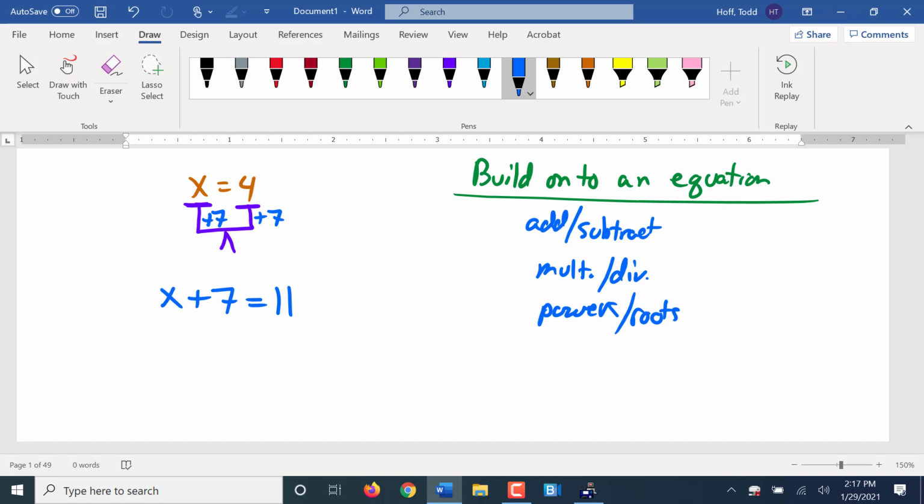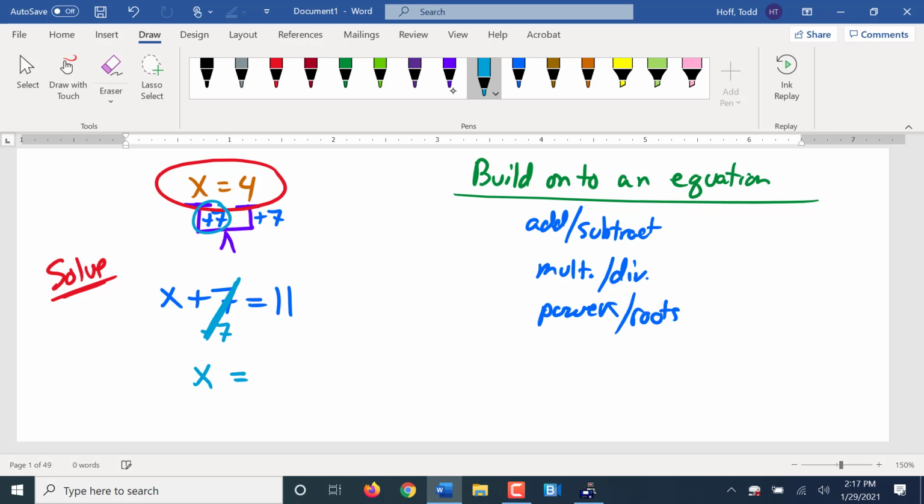Now, typically, we're not asked to build an equation. We're asked to solve an equation. What we're being asked to do when they ask us to solve an equation is to take it apart and get back to that original form of a variable equals a number. Well, this equation was built by adding 7. How do we reverse that? Subtract 7. Very good. Subtracting 7 will remove that plus 7 to get x by itself.